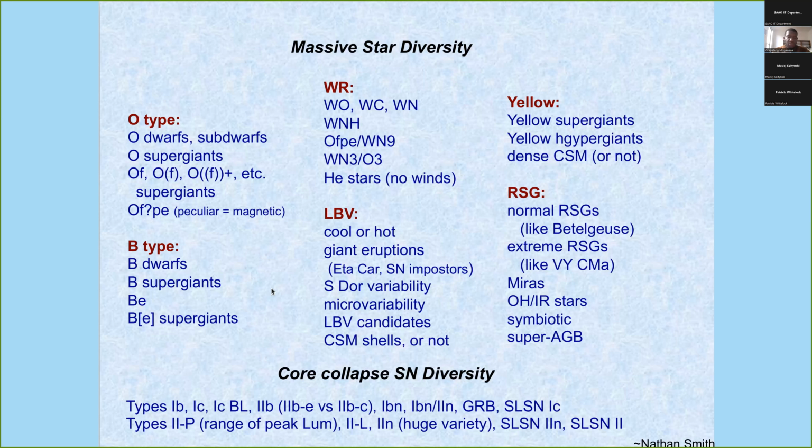You can probe the mass loss and how that star set up the circumstellar medium around it. Again, the diversity is huge, and any of these progenitor channels could lead to any of these end stages in core-collapse supernovae. The trick is to map how these stars evolve and where they will end up in this variety of supernovae.